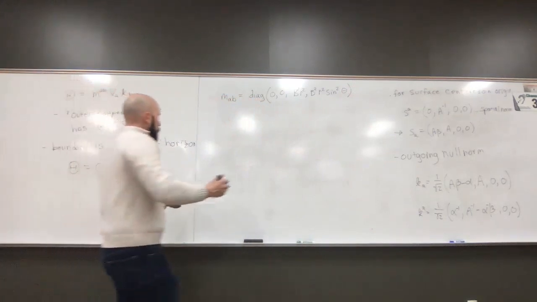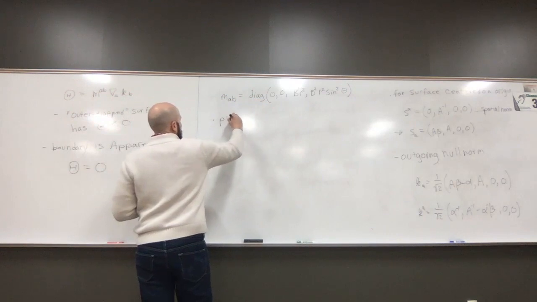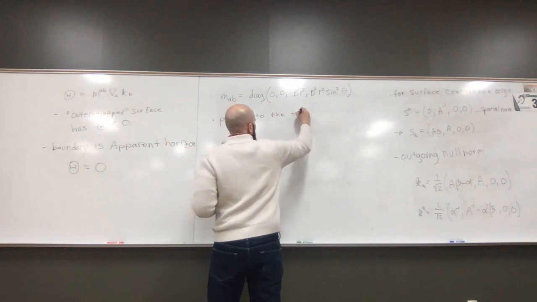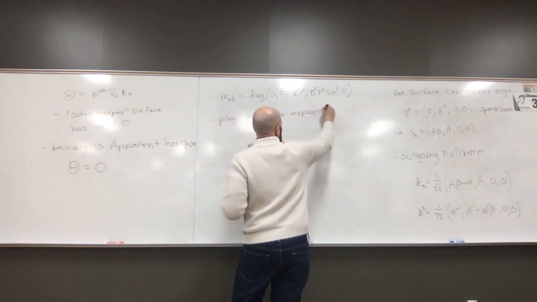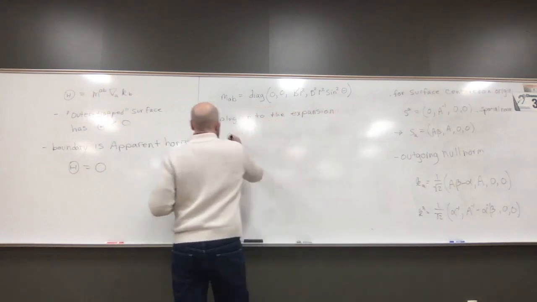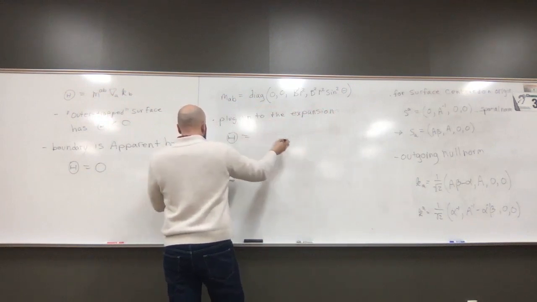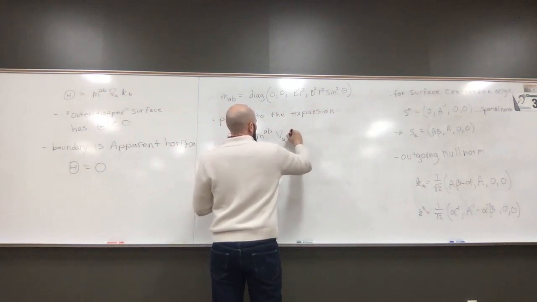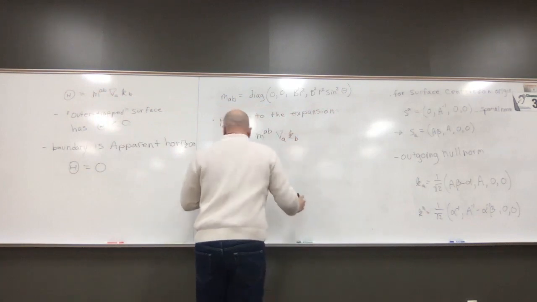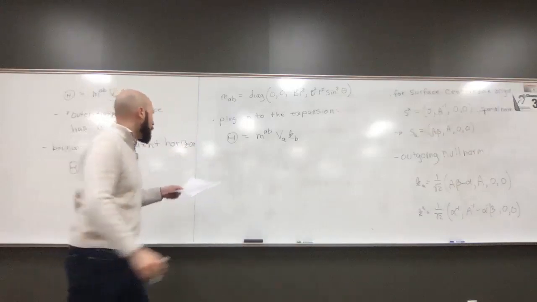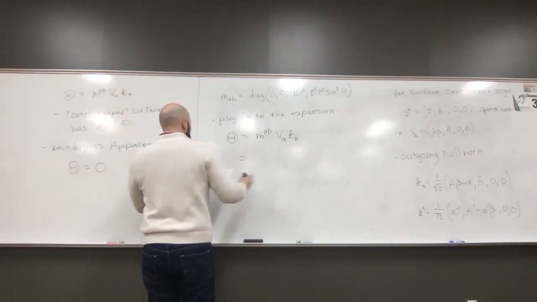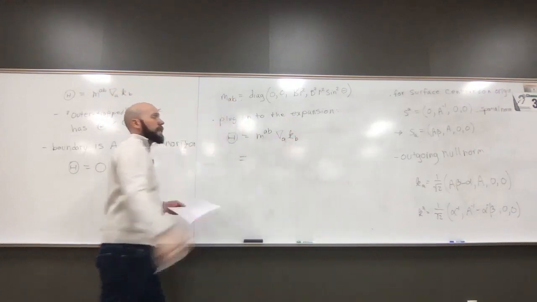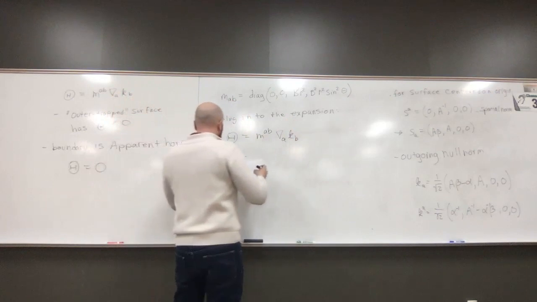Okay, so now let's plug into the expansion. So capital theta is m ab upstairs, grad a kb. And working this out, which I don't do in the notes, when you plug these things in for here, you use this, raise the indices, you can get the following.